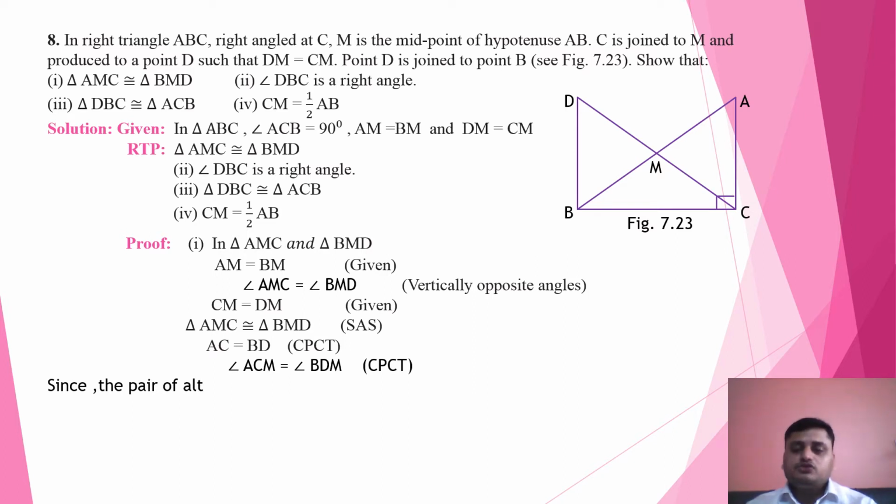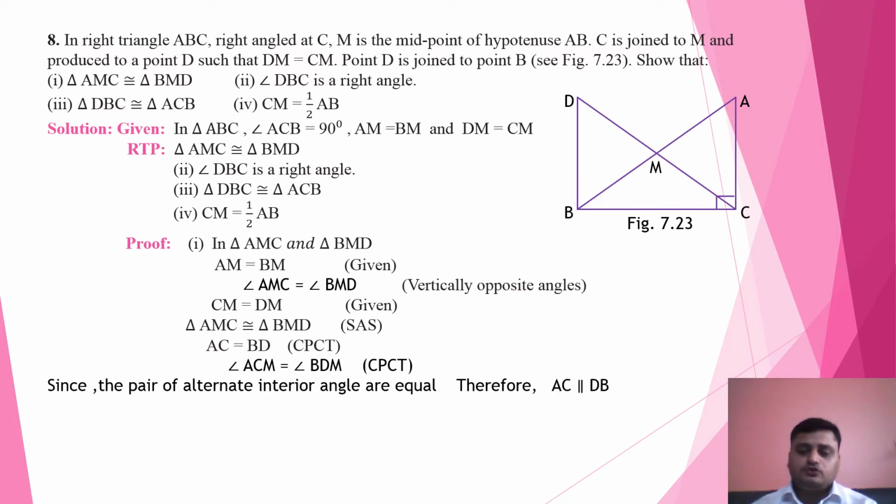That concept we will use here. Angle ACM and angle BDM are both equal as they are alternate angles. So since a pair of alternate angles are equal, the lines must be parallel. That reason we will write. Which two lines will be parallel? That is AC and BD. So AC is parallel to BD.